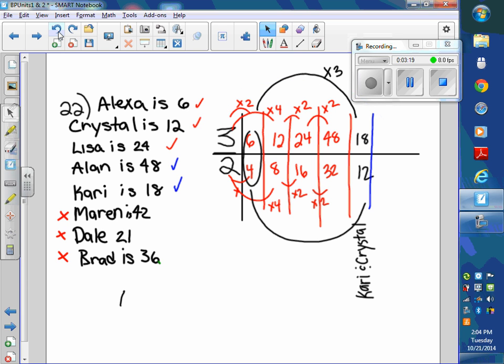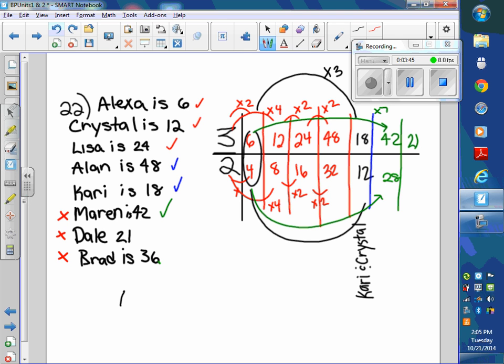Although 3 times 14 works. 6 times 7 gives me 42. So that means I would have to multiply 4 times 7, because 4 and 6 are in the same column. And that's 28. Do we have a 28-year-old? Nope. Can't have a 42. Can't have Marin. So then we tried Dale being 3 times older than somebody.